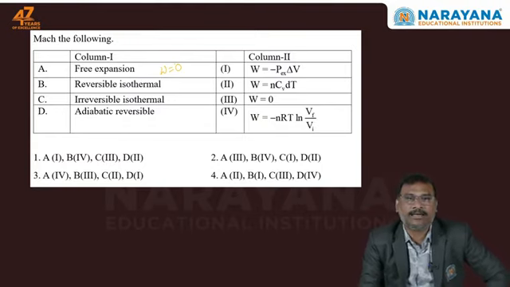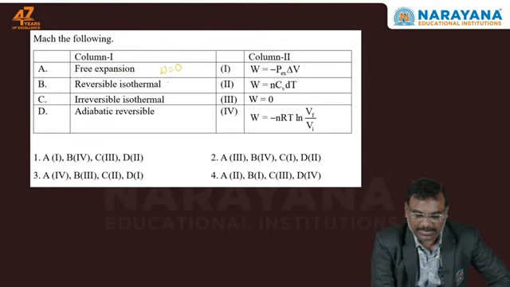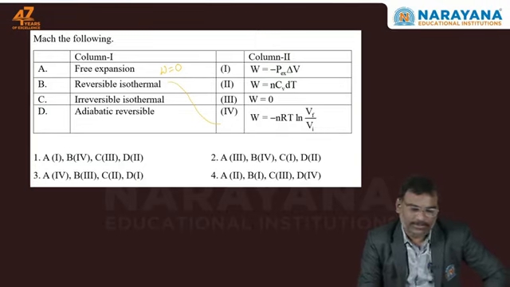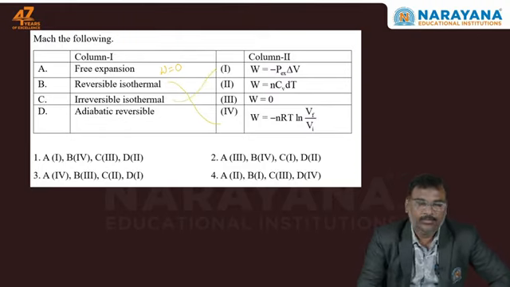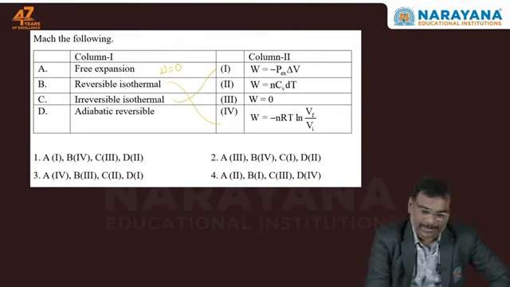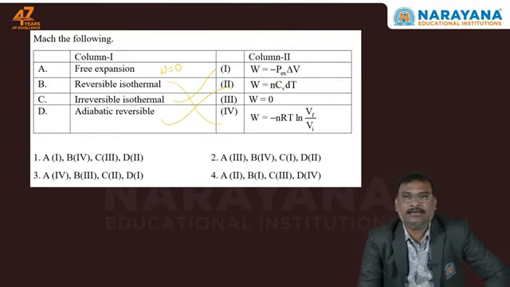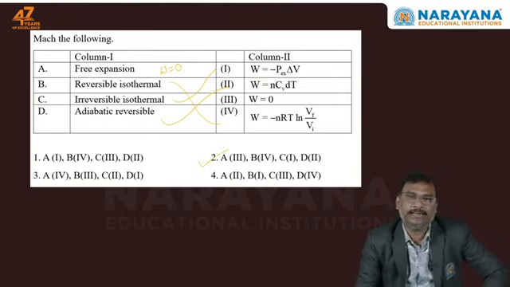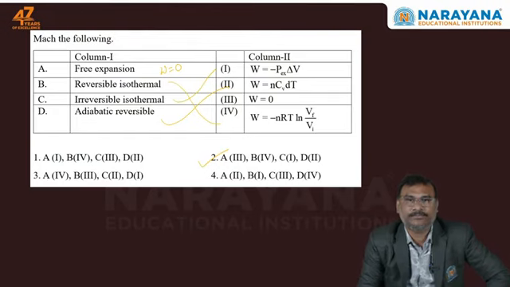Reversible isothermal work is minus nRT ln of V final by V initial, or V2 by V1. Irreversible work done is P external into delta V, or P final into change in volume. Adiabatic reversible work done is nCv delta T. Just this is a formula based question. The best answer is A3, B4, C1 and D2.